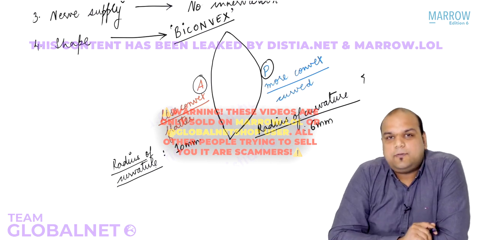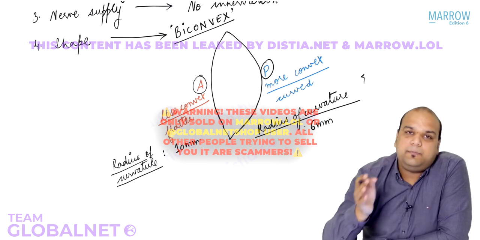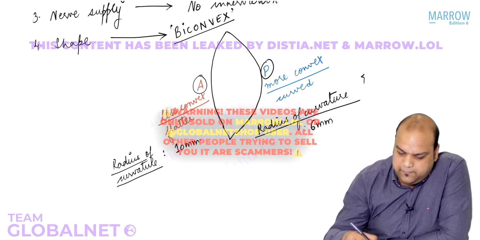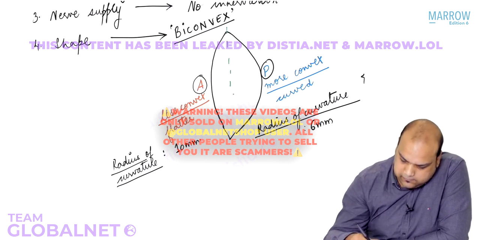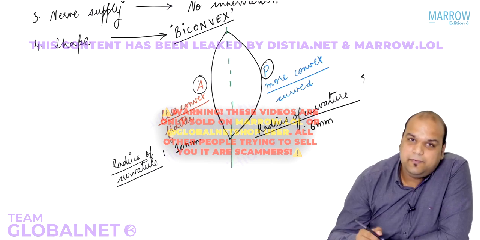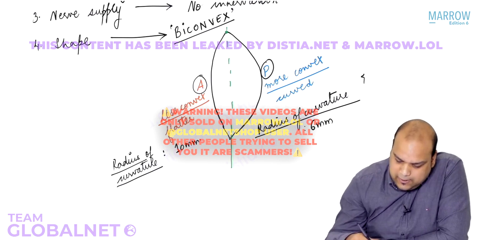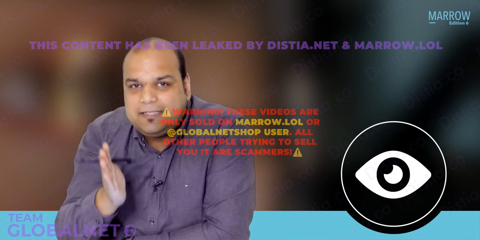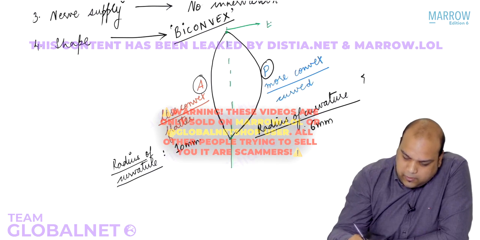Okay? So with the shape, we have been able to answer questions about the anterior surface and posterior surface also. Looking at this diagram only, if I draw a line here, guys, this is the anterior surface in front of it and behind this line is the posterior surface. So what is this line known as? This is an imaginary line which is basically dividing the lens into anterior and posterior. So this is your equator of lens.